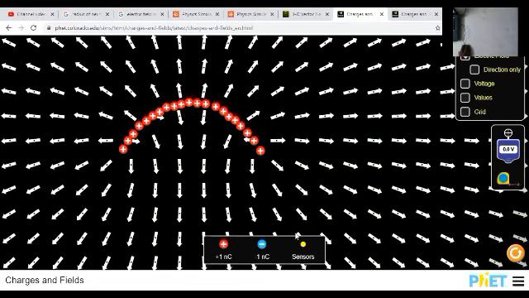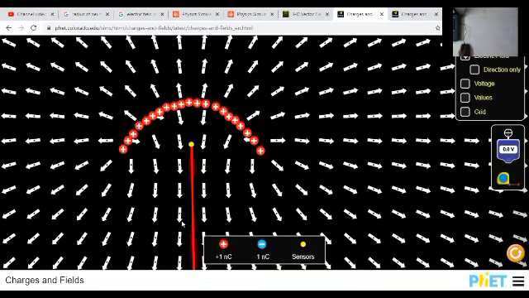Okay guys, in order to observe the electric field, I'm taking this sensor, which is a point that will detect the electric field. I'm placing it here, as we want to find the electric field at the center.